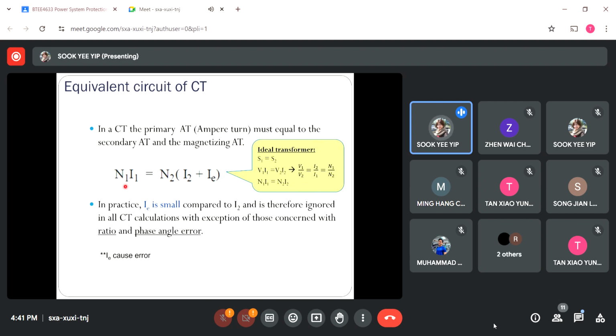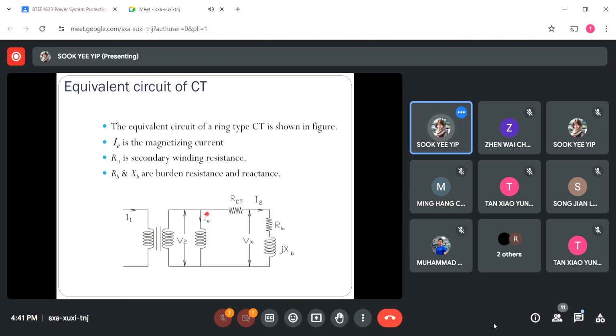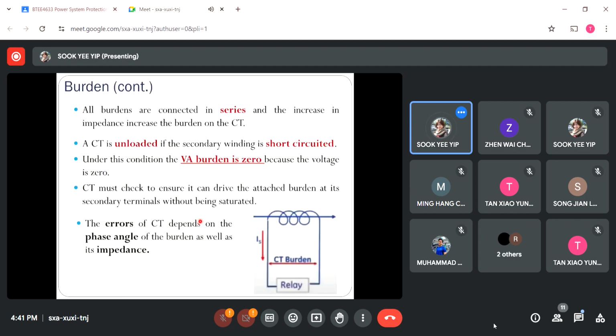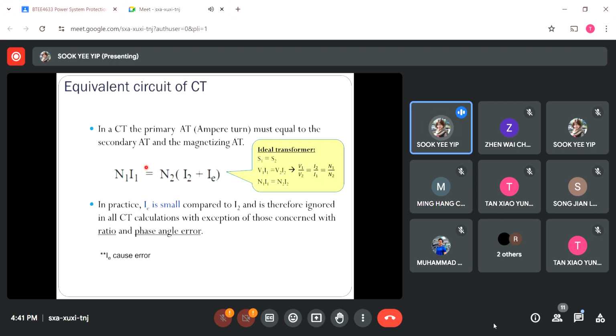So N1 I1 is equal to N2 multiplied by the sum of I2 plus IE, which is the secondary current flow and the magnetizing current. Because of this magnetizing current, we have a lower accuracy in the current transformer. So they are not the same anymore. They are not an ideal transformer.